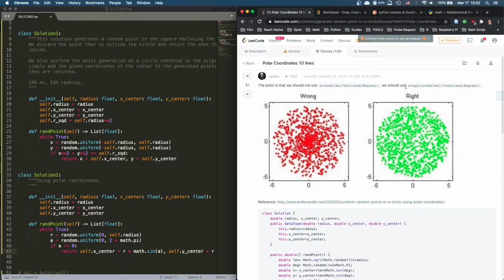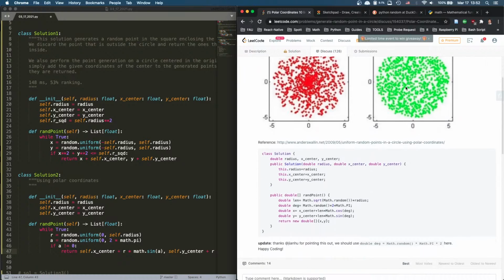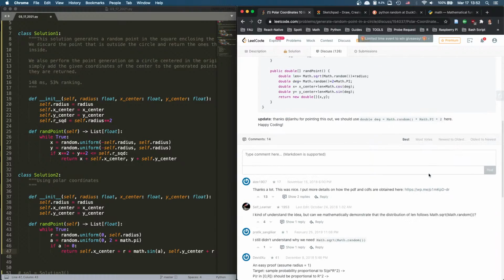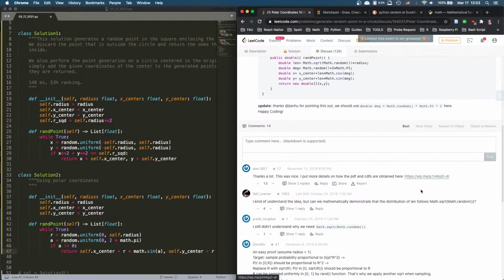Huh. Why is that? Why is that? How the PDF and CDFs are obtained.